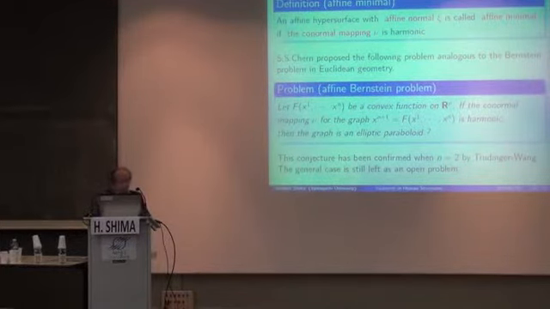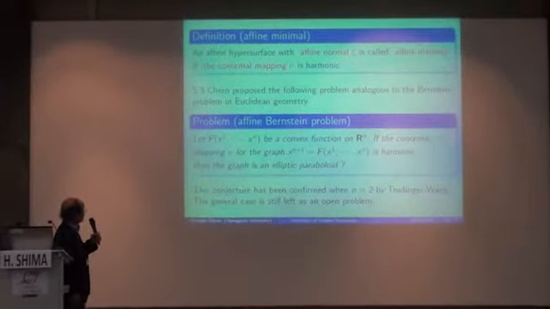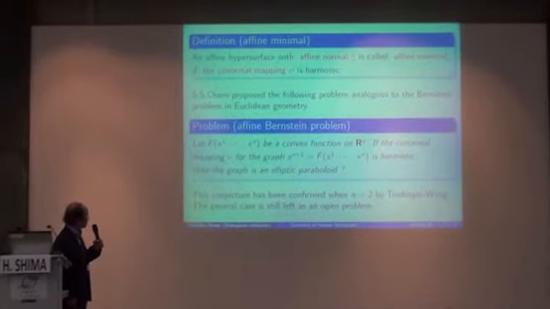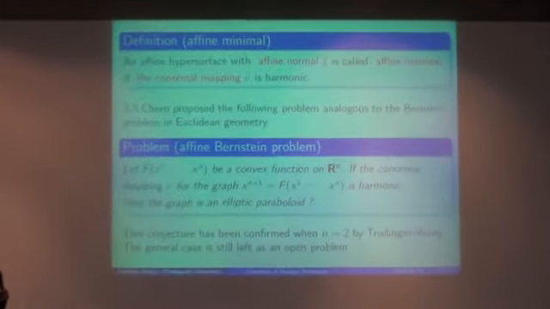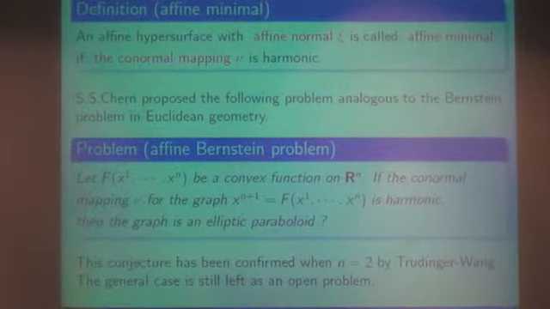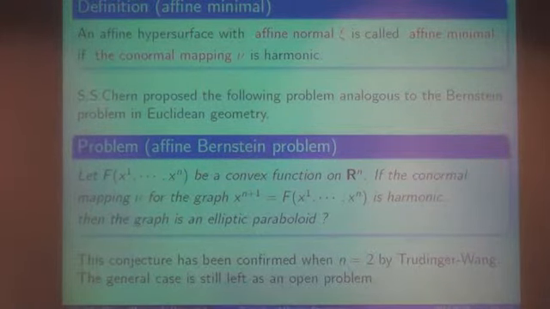Let f(x_1, ..., x_n) be a convex function on R^n. If the conormal mapping ν for the graph x_{n+1} = f(x_1, ..., x_n) is harmonic, then the graph is an elliptic paraboloid.